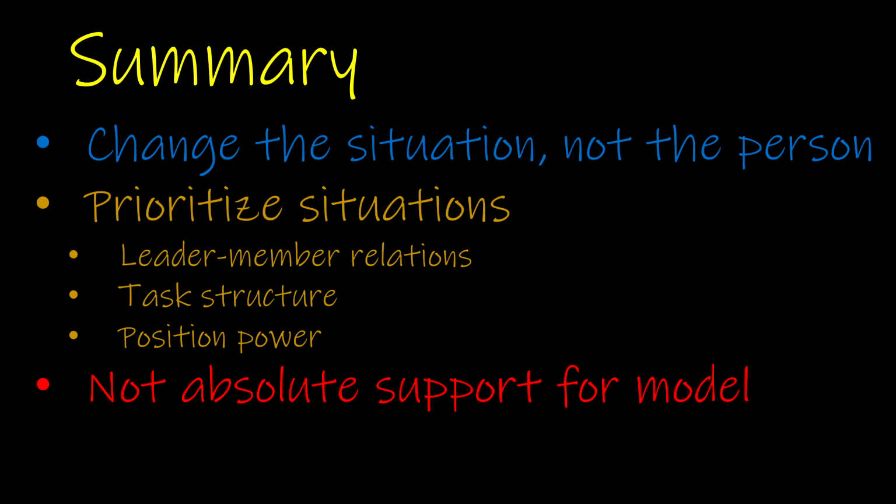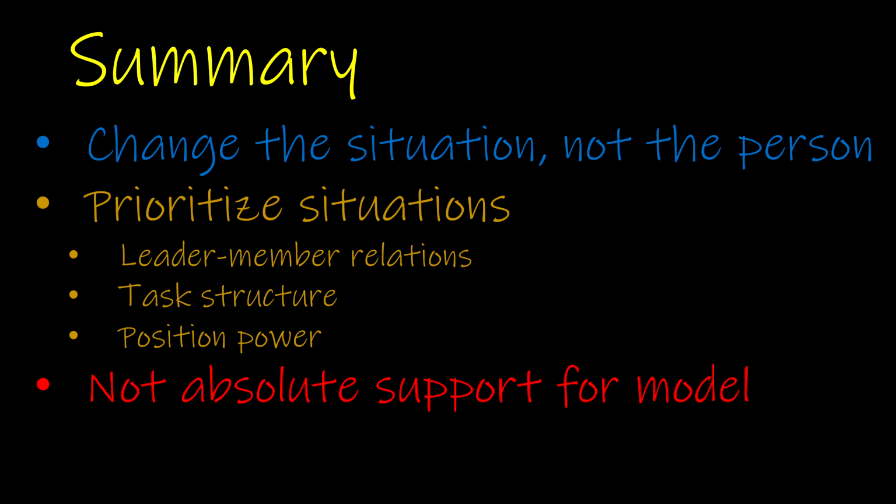In summary, a few of the things that I want you to take away from this lesson are: one, we want to focus on changing the situation, not the person, according to Fiedler's model. We want to change the environmental factors around us, because we can't change the style that the leader is going to embrace. We also want to prioritize situations, leader-member relations being most important, followed by task structure, and then position power.